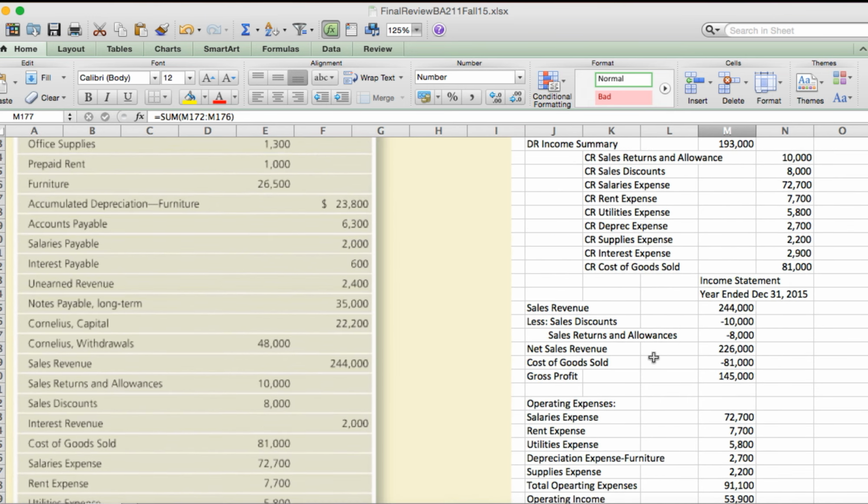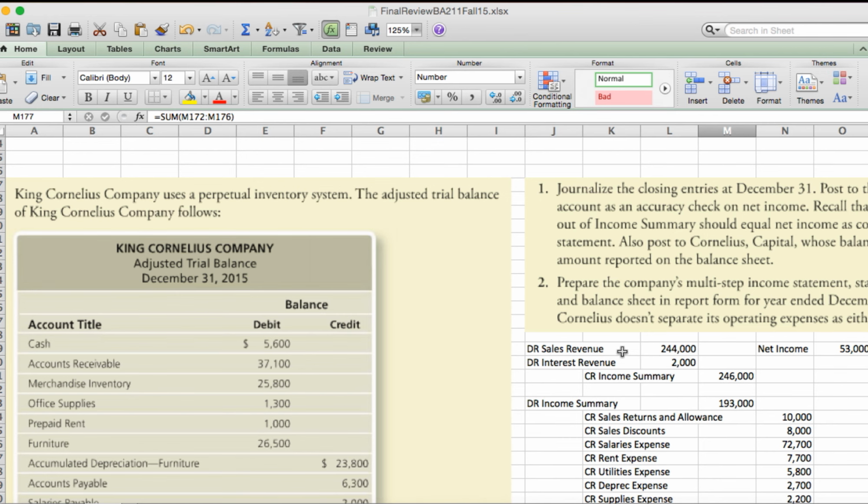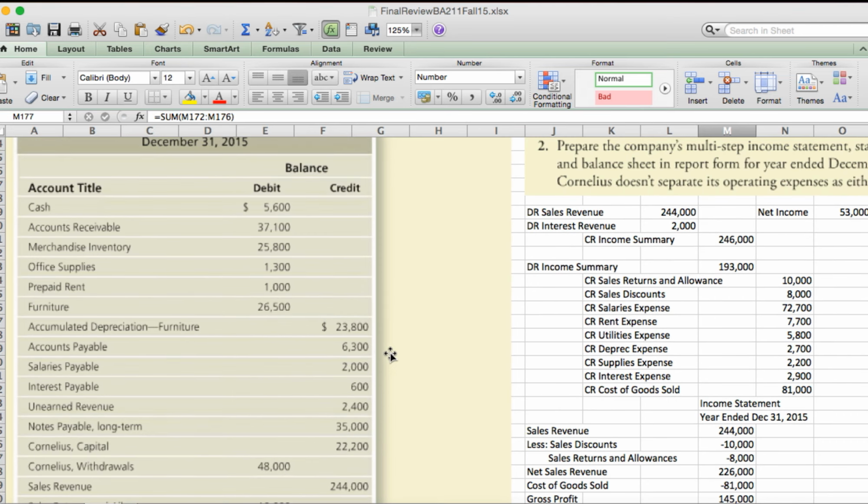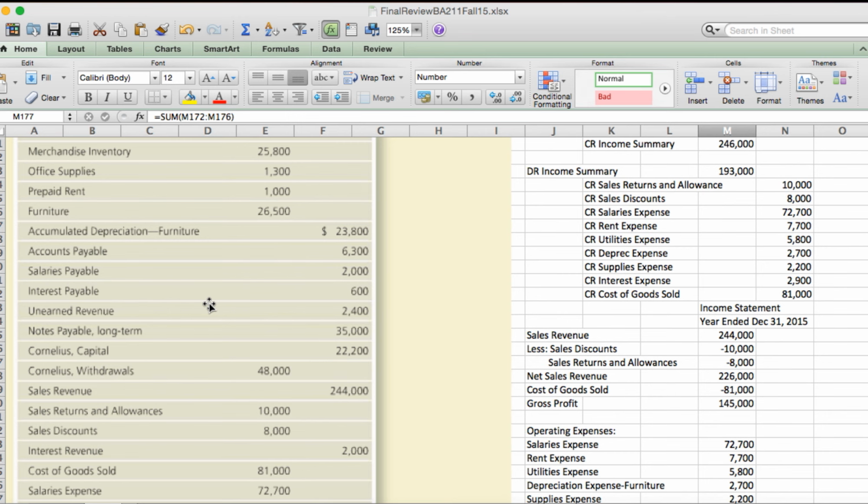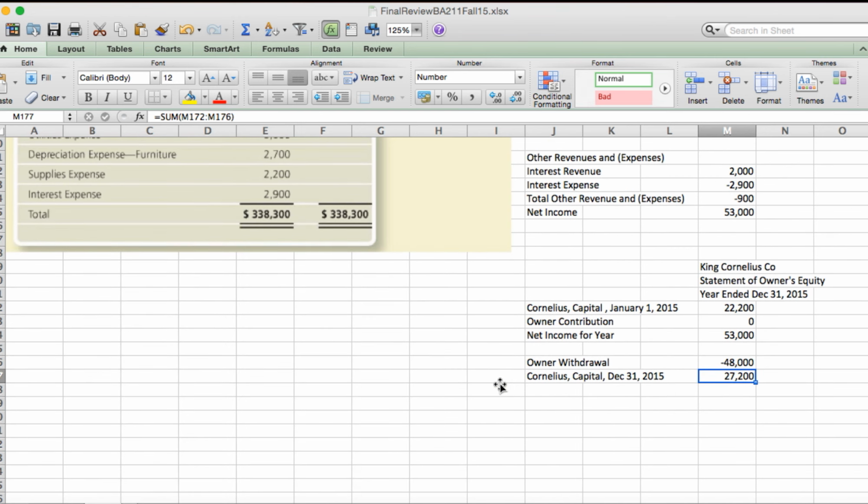And then I think the last step was to prepare a balance sheet, but basically the balance sheet doesn't really change here. So the adjusted trial balance is here. The only thing that changes on the balance sheet is the owner's capital goes from this number to this number.